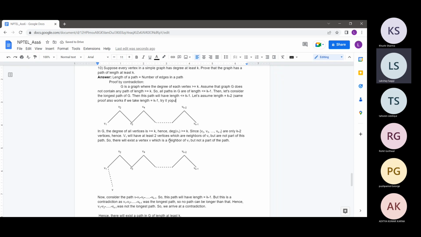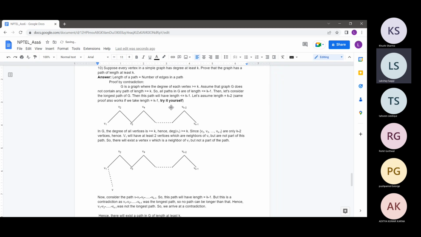Only here we had two vertices which are neighbors of V1 but not part of the path; they will have one vertex. So maybe I'll just not say this, but I'll just say try it yourself. Why am I saying you should try it?